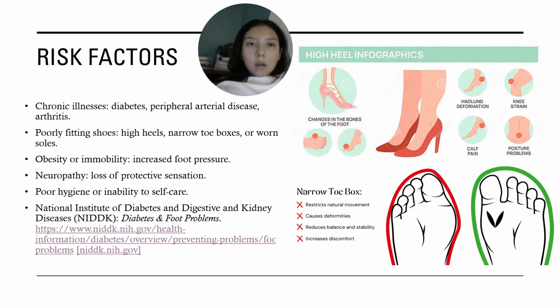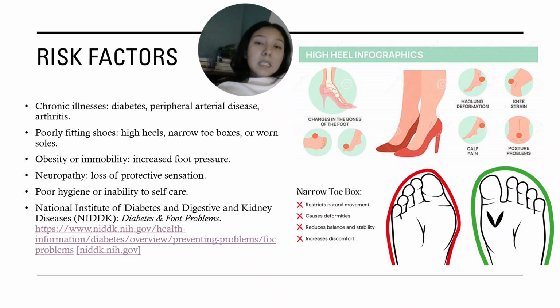Let's talk about some of the risk factors. First things first, chronic illnesses like diabetes, peripheral arterial disease, and arthritis play a major role. You can also consider poorly fitting shoes to be a risk factor, like high heels, narrow toe boxes, or shoes with worn down soles. This can cause pressure points, leading to injury.